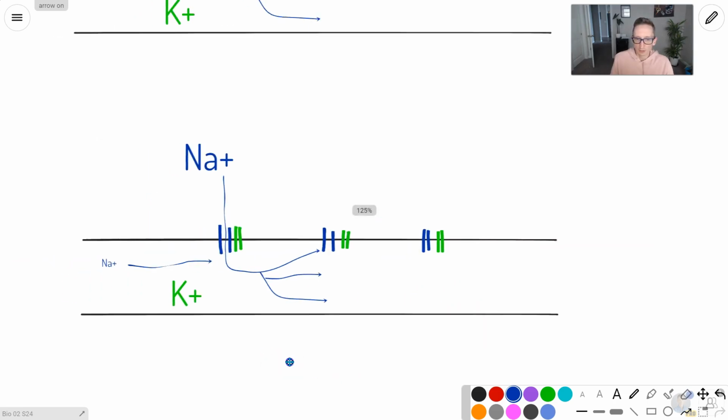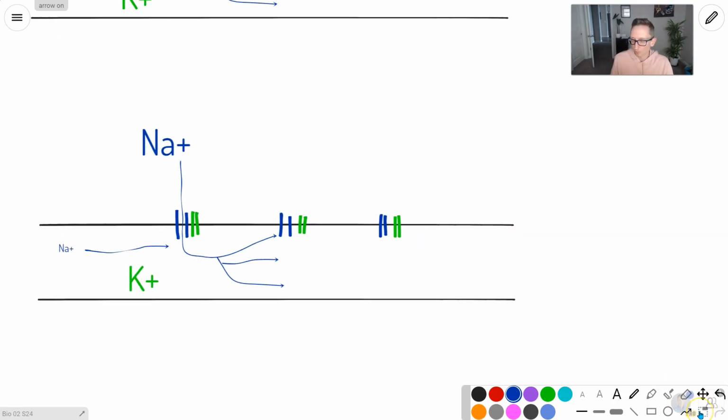Then what's going to happen is that sodium's now diffused. This is now open. And so more sodium is going to be able to rush in here.